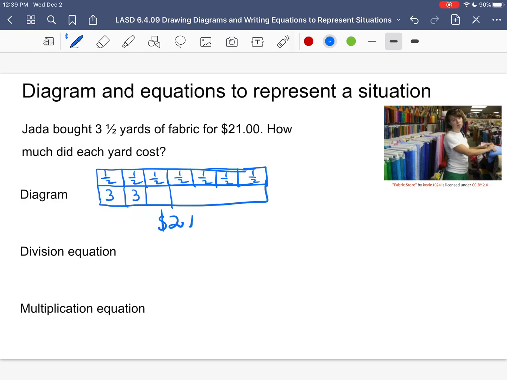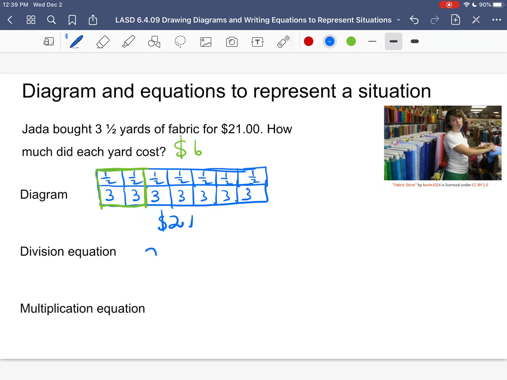So each half yard costs $3. And if we want to find the price for 1 full yard, then we can look at our diagram. So 1 yard, 2 halves, will cost $6. So how much did each yard cost? $6.